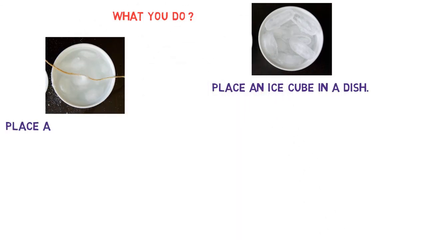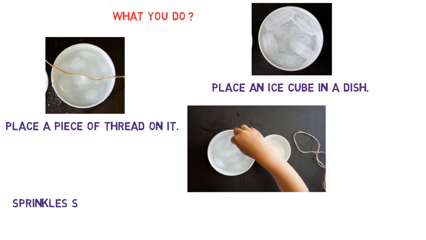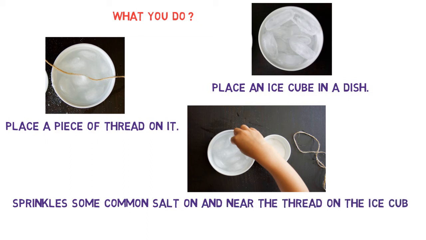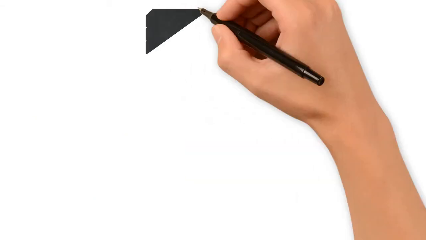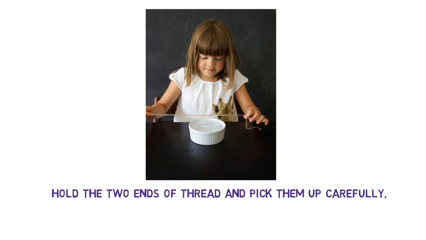Place a piece of thread on it. Sprinkle some common salt on and near the thread on the ice cube. Wait for a few seconds. Hold the two ends of the thread and pick them up carefully. Next, what happens?